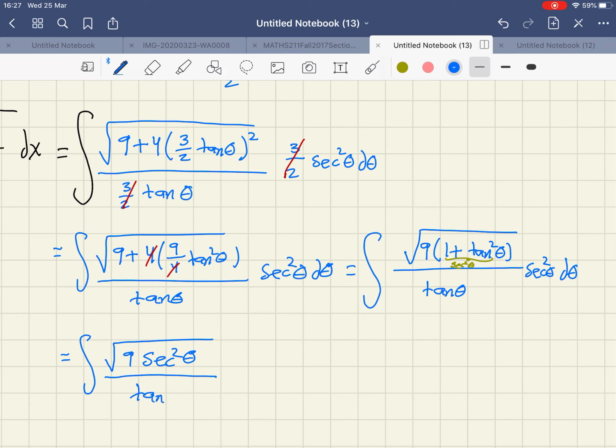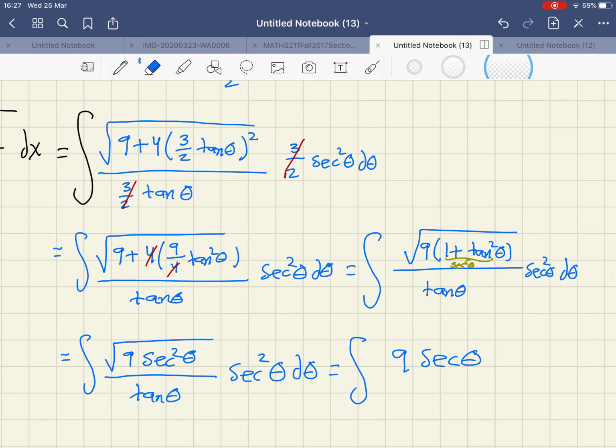Over tan theta, secant square theta d theta. Square root of 9 secant square theta, this is just 9 secant theta. I'm sorry, it's a 3. Just a 3 secant theta. This is just tan theta.